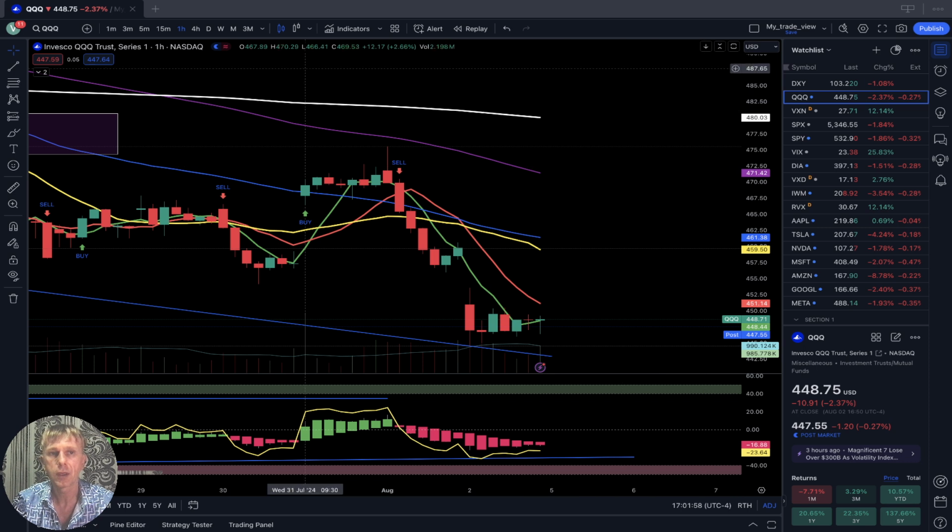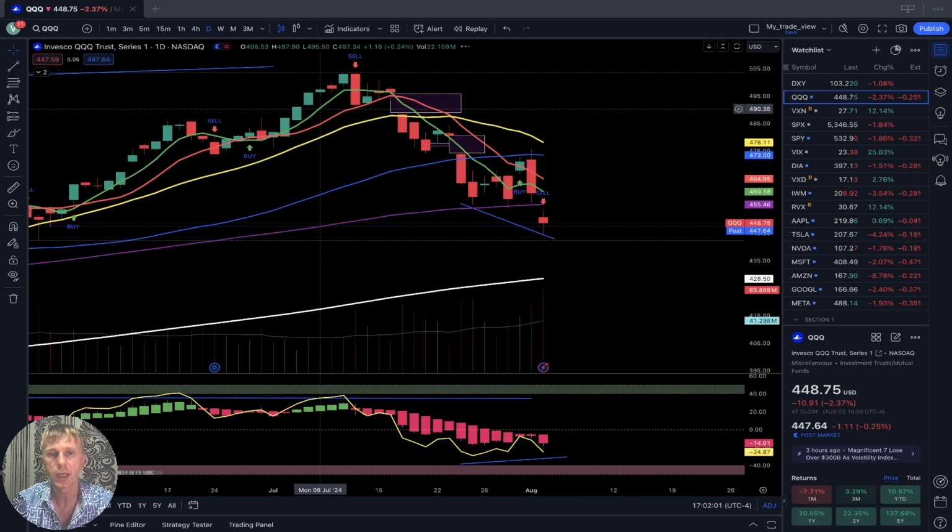The other thing, look at it on the daily time frame. Since July 11, today is August 2nd, right? For the last 20 days, the market has been in a bearish trend.